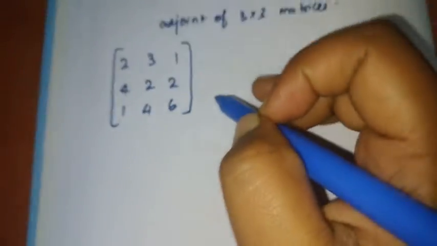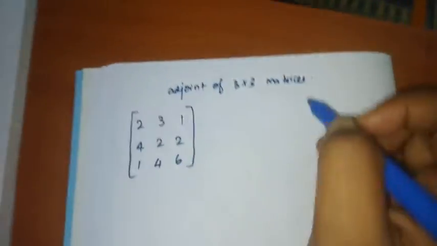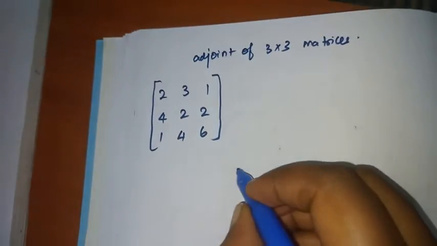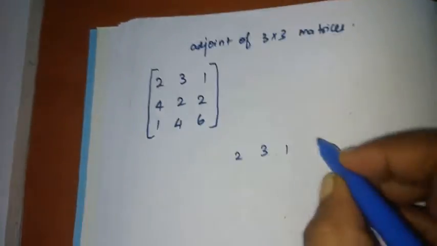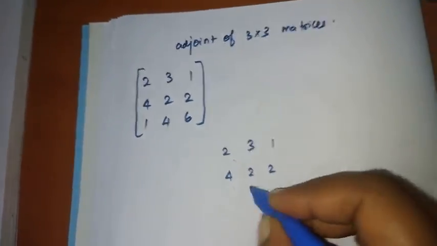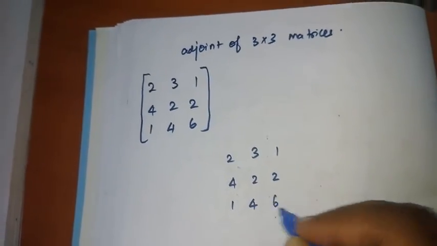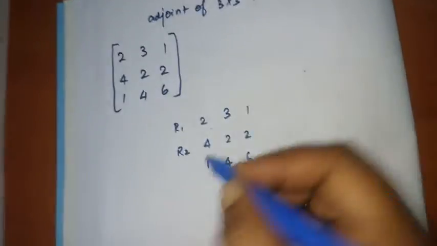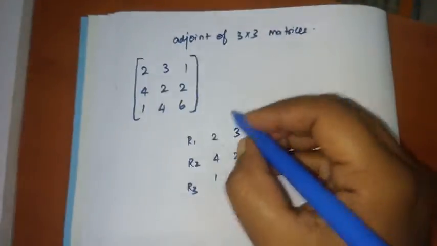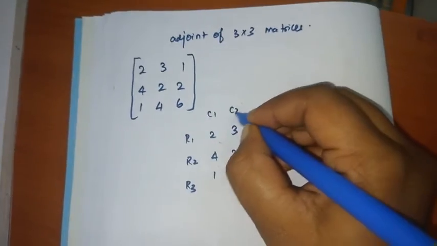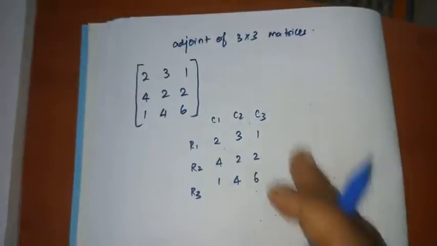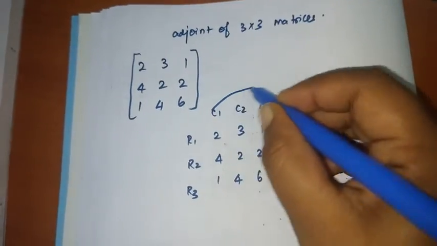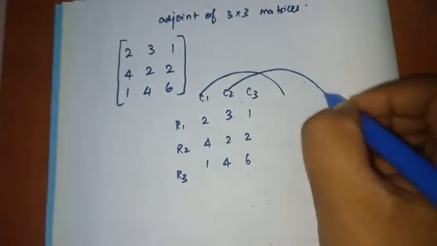For this 3 by 3 matrix, if we want to calculate the adjoint, first of all we write the matrix: 2, 3, 1, 4, 2, 2, 1, 4, 6. This is row 1, row 2, row 3, and this is column 1, column 2, column 3. After writing the same matrix, again we write column 1 and column 2.